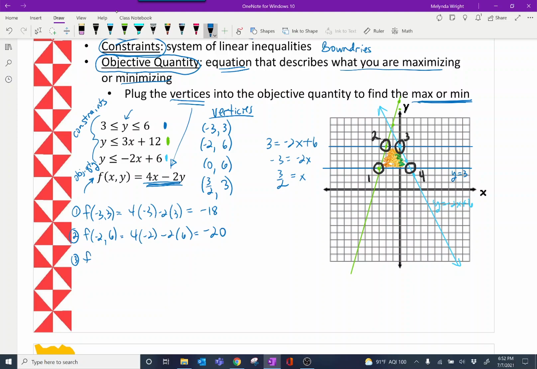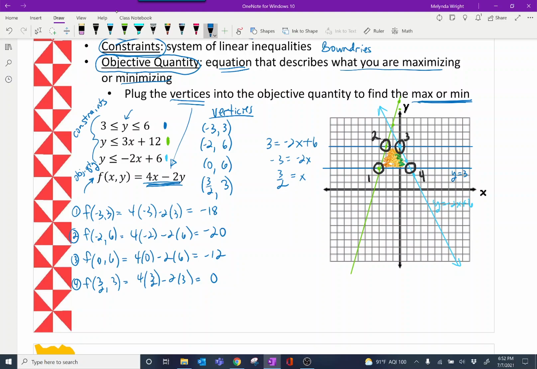That's f of 0, 6, which would be 4 times 0 minus 2 times 6, which would give us negative 12. Okay, so negative 20 is still the winner for the minimum. The last one, number 4, f of 3/2, 3. That's 4 times 3/2 minus 2 times 3. And crazily enough, that turns out to be 0.